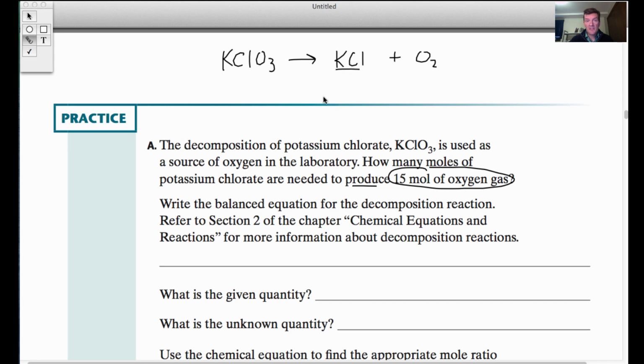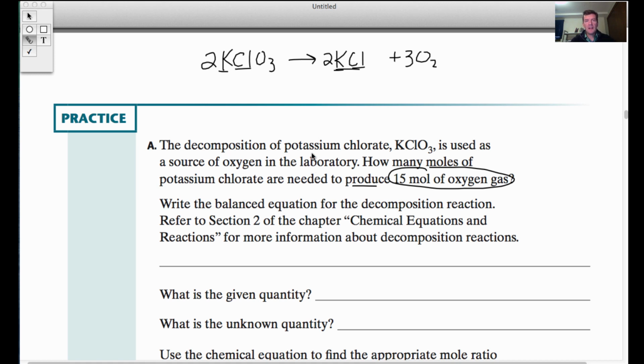Now we have to balance this. We have one potassium on both sides. We've got one chloride on both sides, but we've got 3 oxygens on one side and 2 on the other side. So we are going to have to double this compound and triple the oxygen. Now we've got 6 oxygens on both sides. But that also doubled the potassium and chloride, so I have to double this guy right there. Okay? Double the potassium chloride.